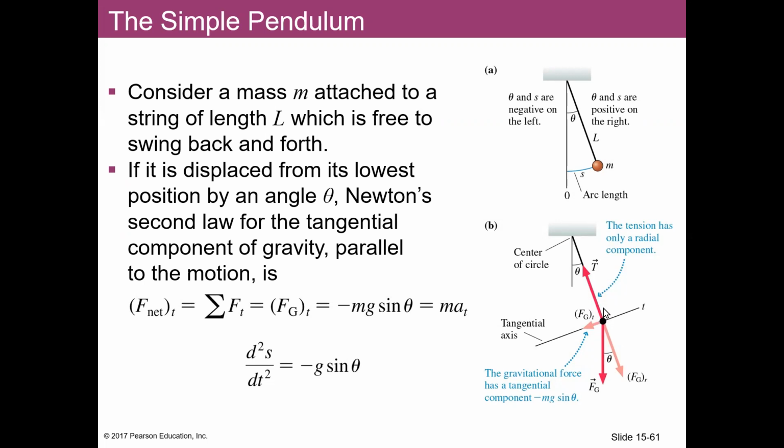This tension will change from point to point, obviously in direction, but also in magnitude. For instance, when it's swinging at the bottom, when the velocity is largest, the tension is extremely large, pointing towards the top. And as it gets further out in the angles, the tension, while still pointing towards that axis, gets smaller and smaller.